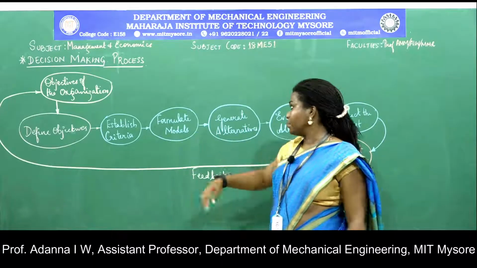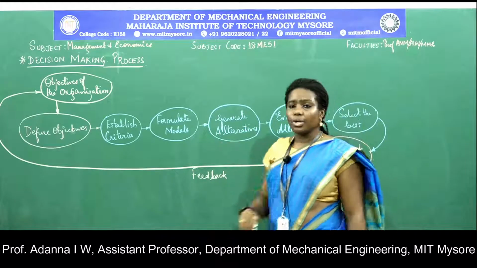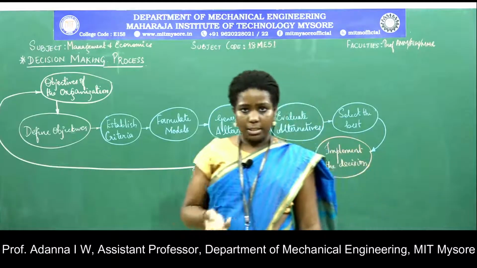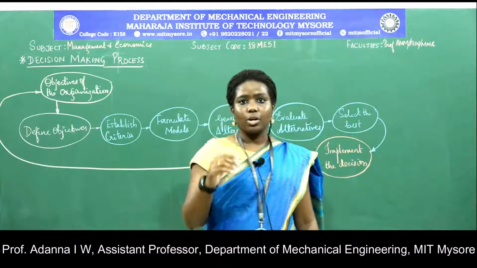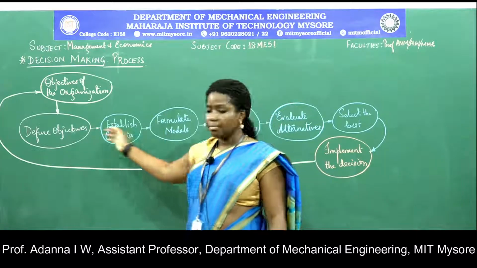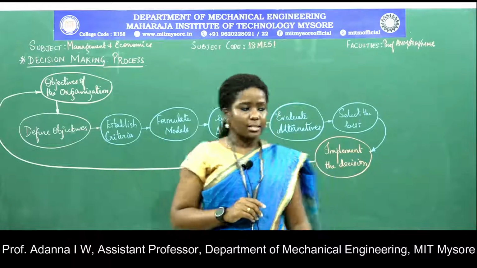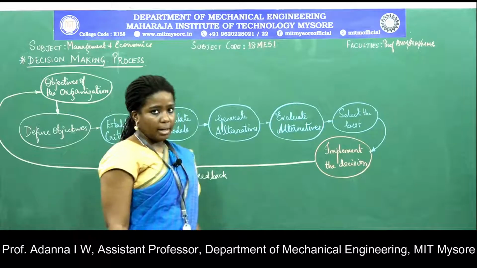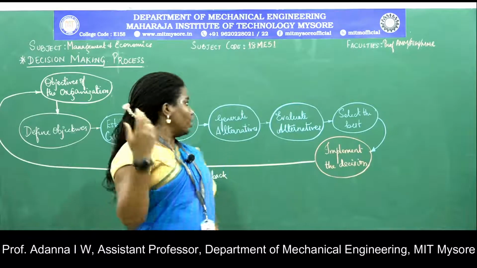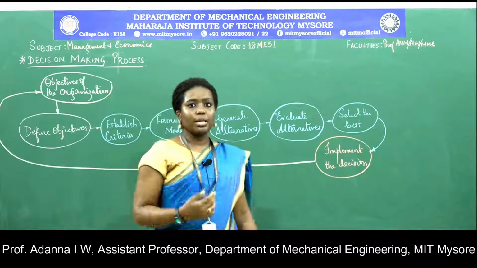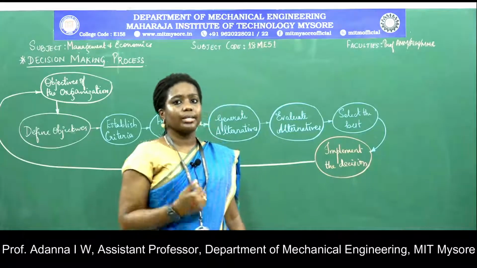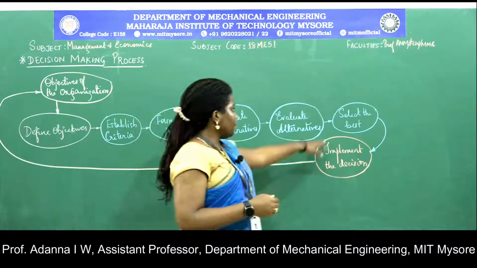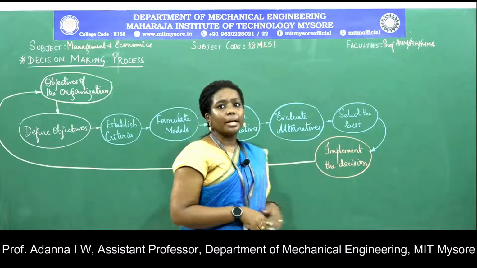Once these models are formulated, we generate different alternatives by varying parameters within the model in order to see whether the objectives that we have defined earlier will be satisfied. These alternatives will again be observed and evaluated to see which is the best possible alternative that we can choose. The best is selected and the decision is implemented.